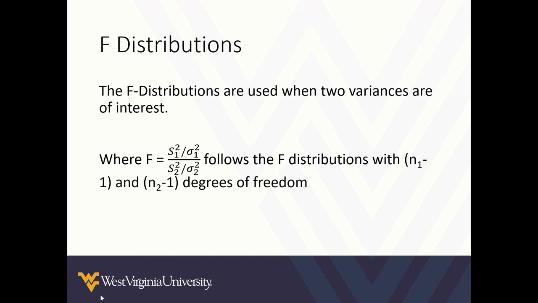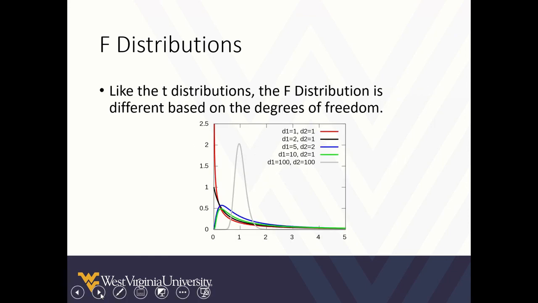The sample variance of a first sample divided by the population variance of the first sample, over the sample variance of a second sample over the population variance of the second sample. And we say that follows the F distribution with degrees of freedom n1 minus 1 and n2 minus 1. And that's reflective of our two sample sizes since we are considering two samples.